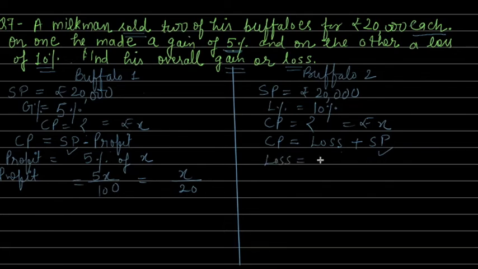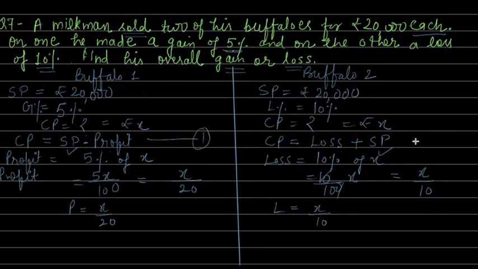Loss will be 10% of x, which means 10 upon 100 x, cancelled, and this gives you x upon 10. So here profit is x upon 20, and here loss is x upon 10. So we have these equations, right? Let's put the values in these equations to calculate the CP. We have to be very careful with the calculations here.